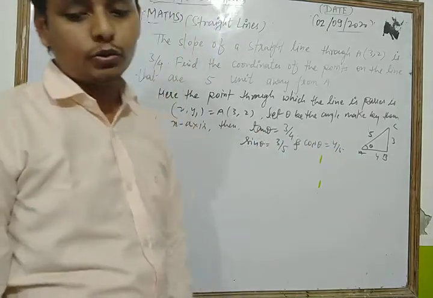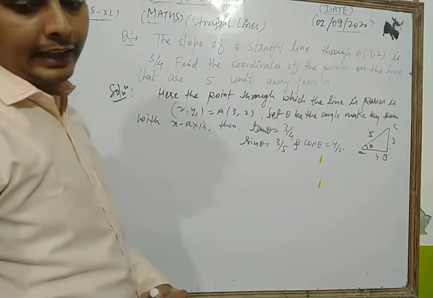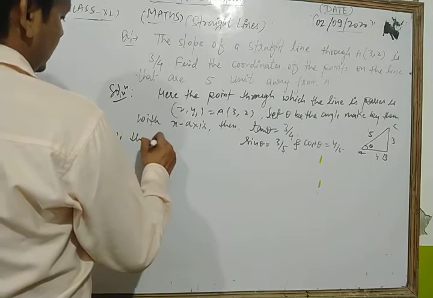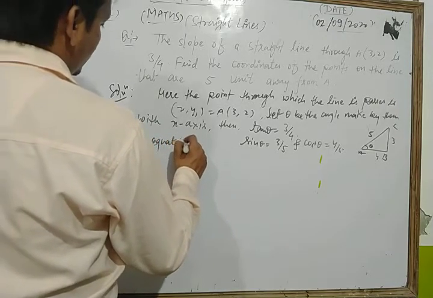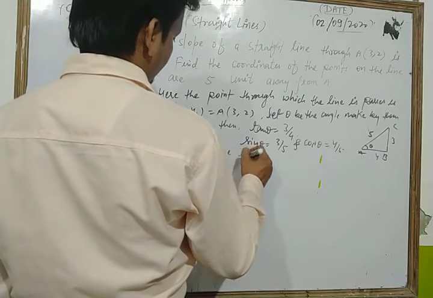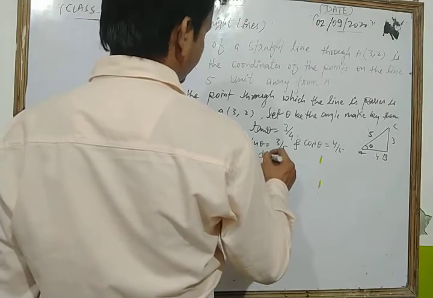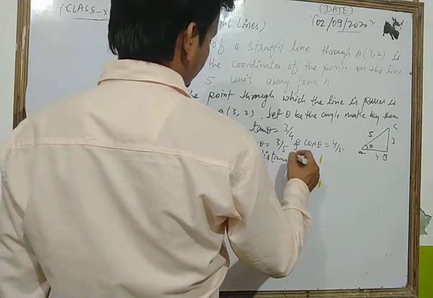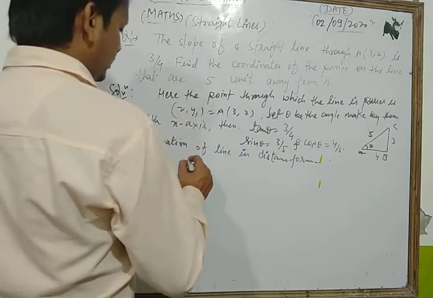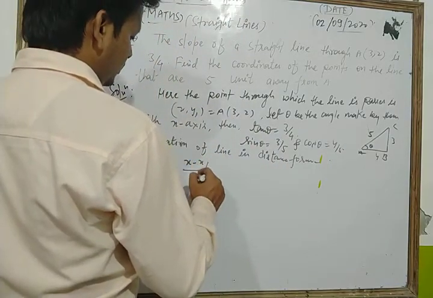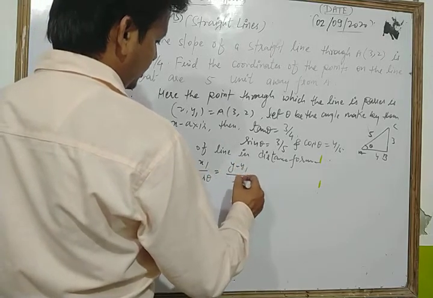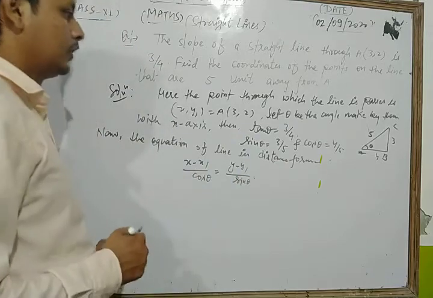Now, dear student, let's see. Now the equation of line in distance form. In distance form, x minus x1 upon cos theta is equal to y minus y1 upon sin theta.